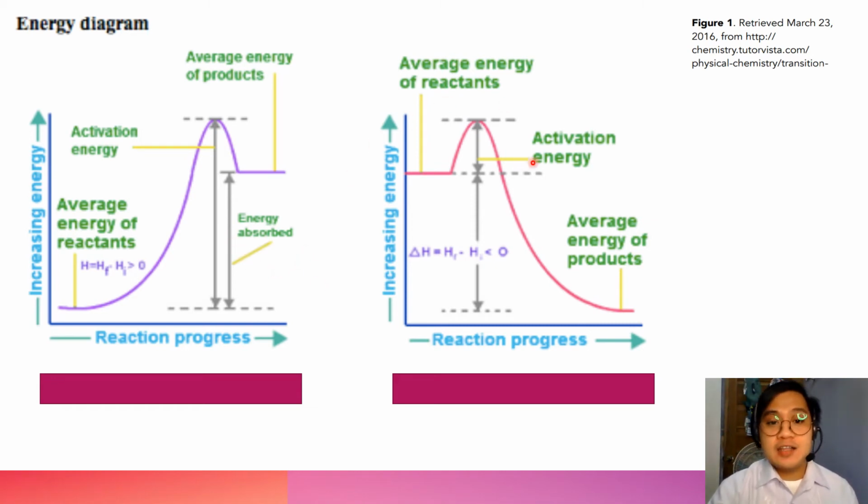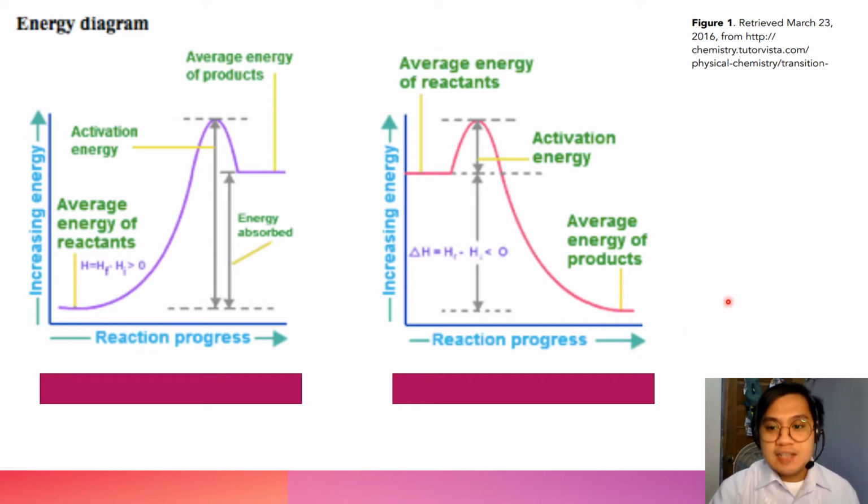While in the other diagram, it started from a high energy, and eventually this reactant has a constant reaction, and then activation energy will happen, or additional kinetic energy. From this transition state, it will greatly go to the lowest level of energy.